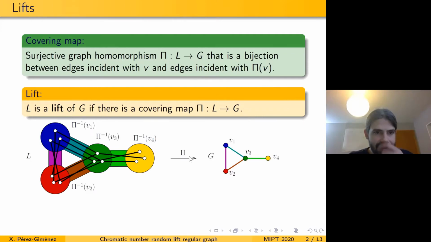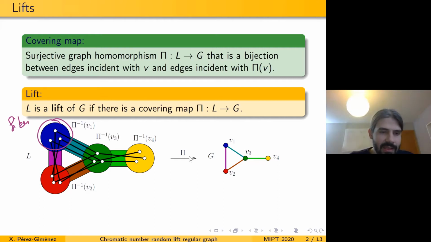So here's an example of a lift of this base graph here. Each of these bins, which we're going to call fibers, are the pre-images of each of these vertices in the base graph. So each fiber contains all the pre-images of a vertex in the base graph.